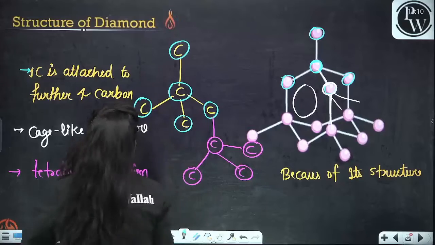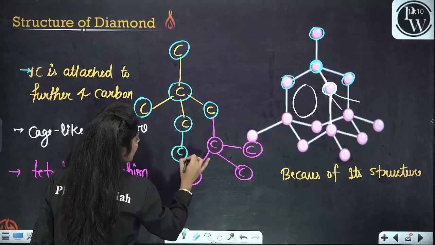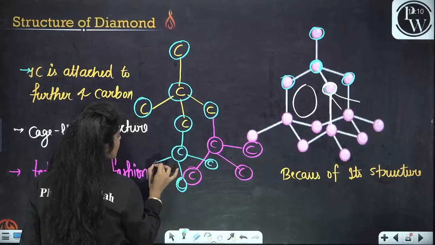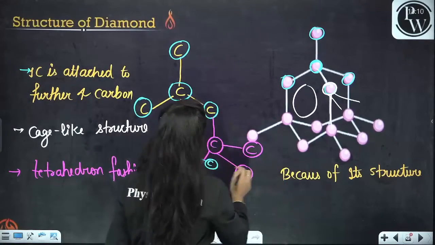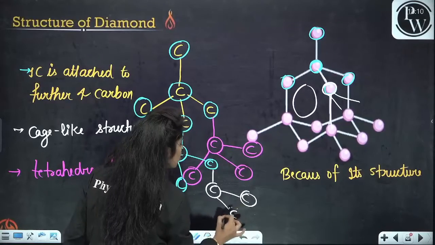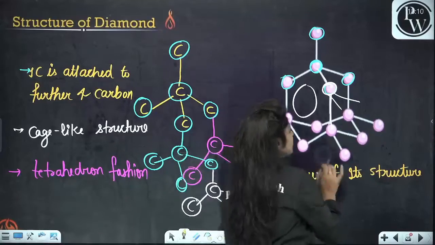So now we have this carbon, suppose 1. Again, there will be this, and further this carbon. So it will be a giant structure. I'm using different colors of pen so that there will be a kind of clarity.